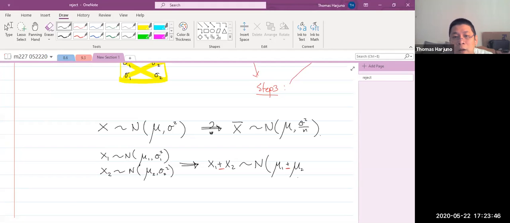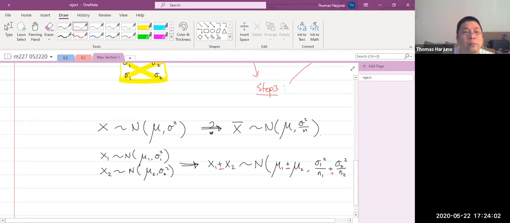But the variance will be sigma 1 squared over n1 plus sigma 2 squared over n2, and it is still plus even if you were subtracting them.